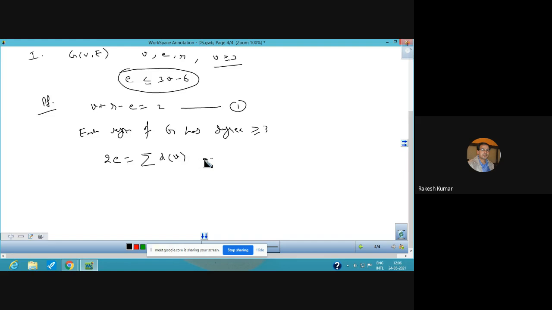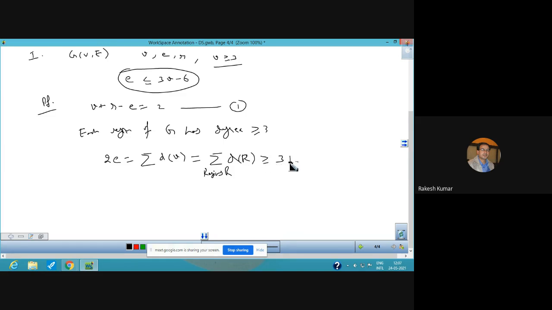And remember, the sum of the degrees of the vertices is always equal to the sum of the degrees of the regions. Here capital R denotes the total number of regions. Remember, regions capital R.